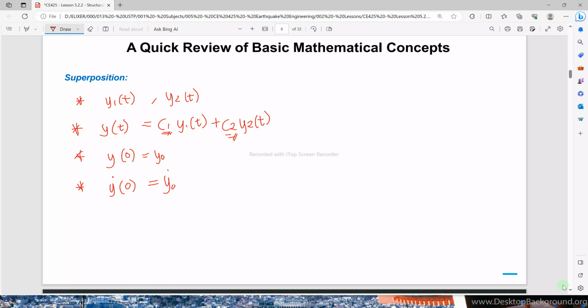This is our initial conditions. Then, by simple mathematical operation, we will eventually get our final answer, and we will have our C1 and our C2.